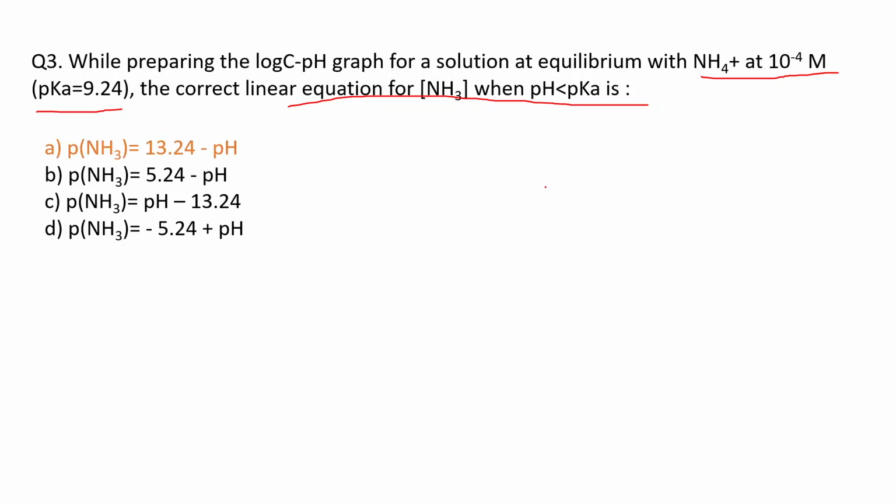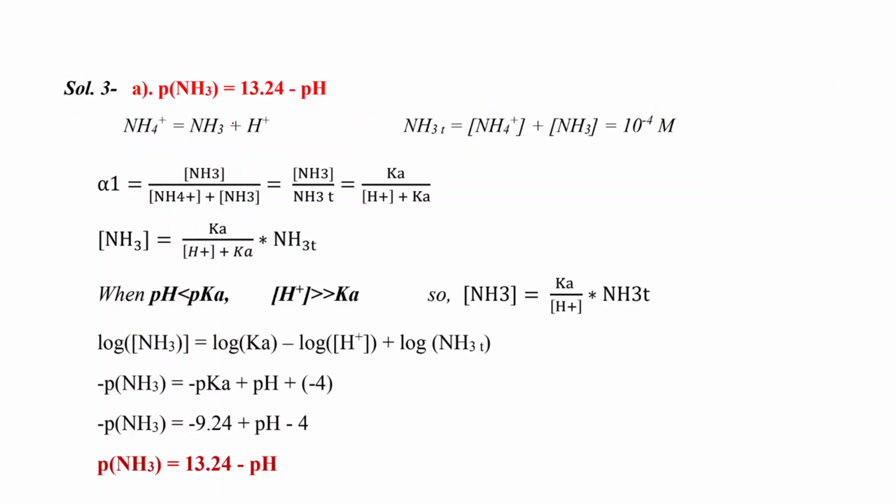We'll see the solution now. So the solution is log NH3 is equal to 13.24 minus pH. How did we get this equation? Ammonium ion yields NH3 plus H plus. And what will be NH3 total? This we got from the tableau.